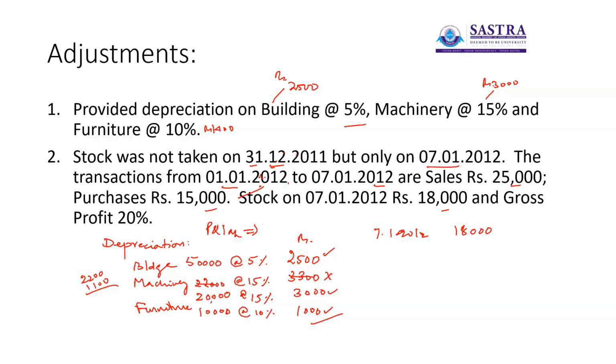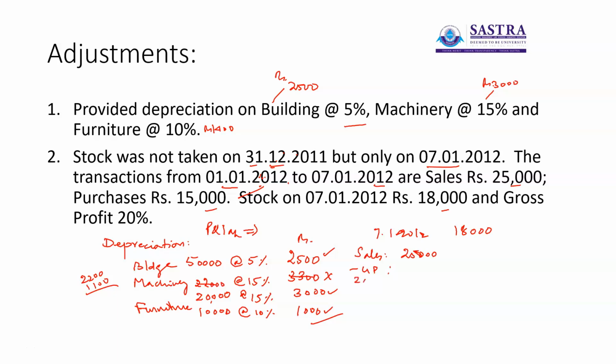and your sales from 1st January to 7th January 2012 sales is given as rupees 25,000 less gross profit, that becomes your cost, which is 20%.